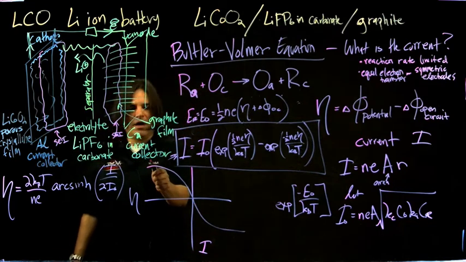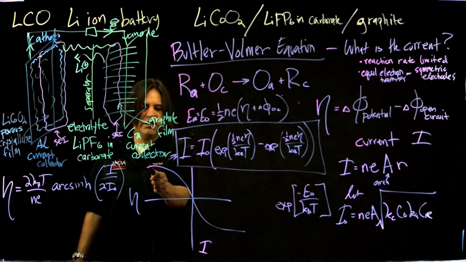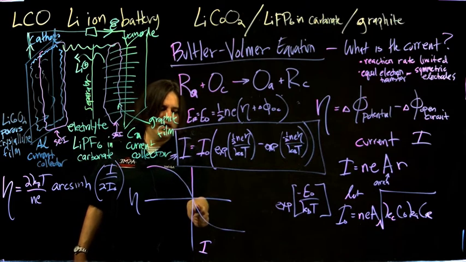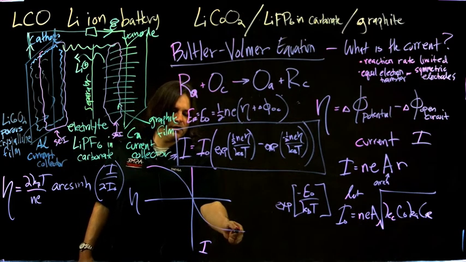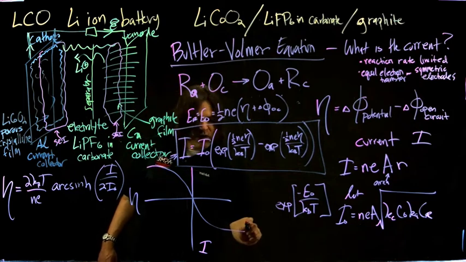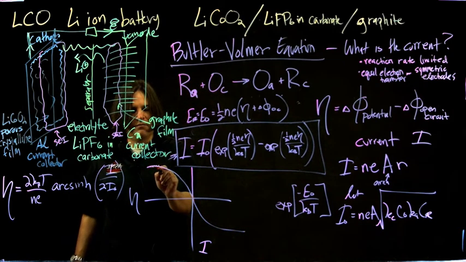So if you have a positive overpotential, you get a negative current. And if you have a negative overpotential, you get a positive current, you know what I mean. And so if this was I1, the way that this I naught affects is this.